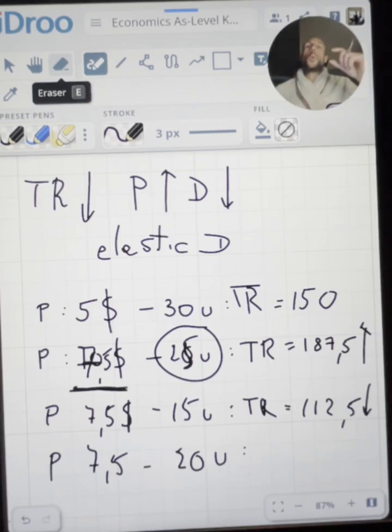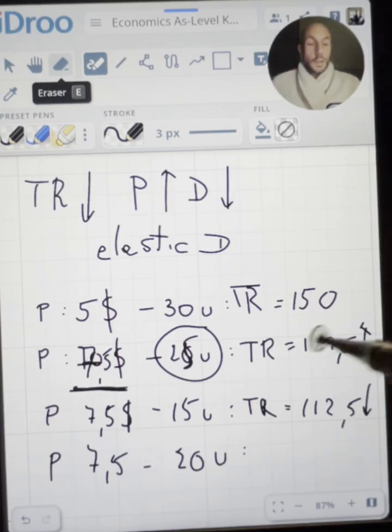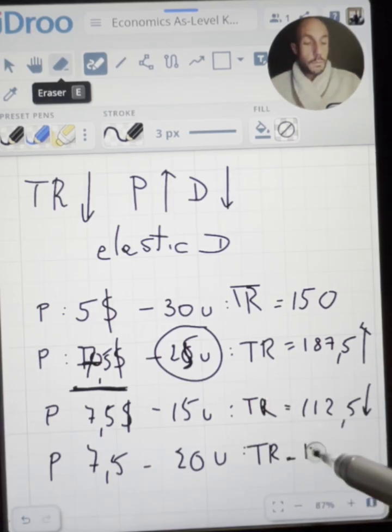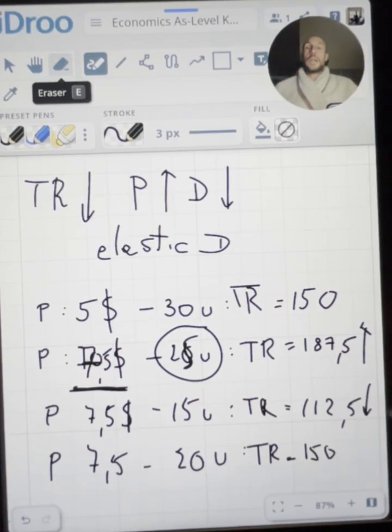If you have a 20% change in price and a less than 20% change in demand, then it is inelastic. In this case here, the total revenue remains the same because this case is unitary elastic.